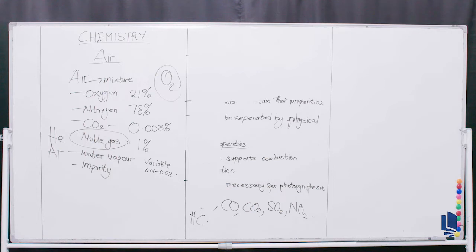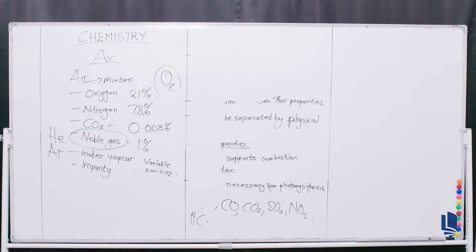Okay, so that will be evidence that air is a mixture. One, it cannot be represented by chemical formula. Two, individual constituents still retain their properties and it can be separated by physical means. Those are the three evidence to prove that air is a mixture.